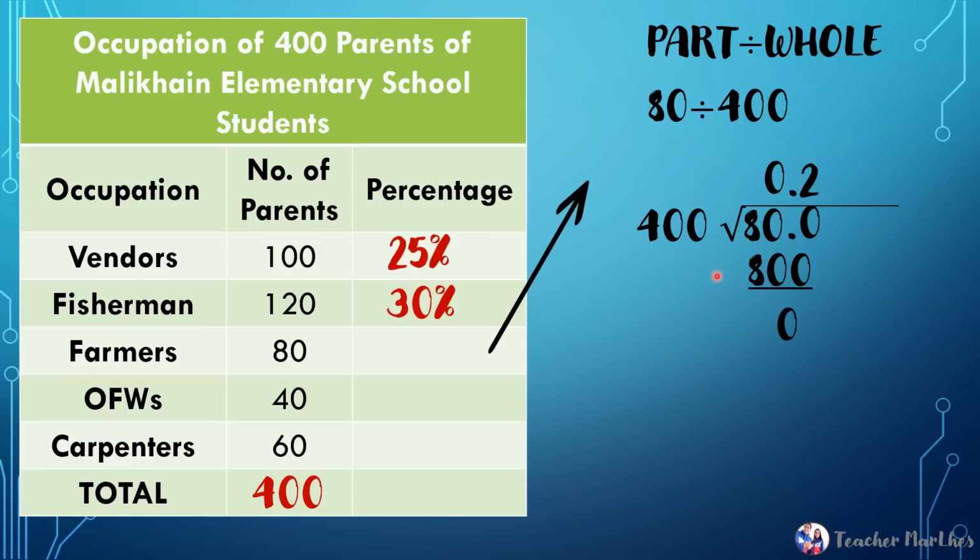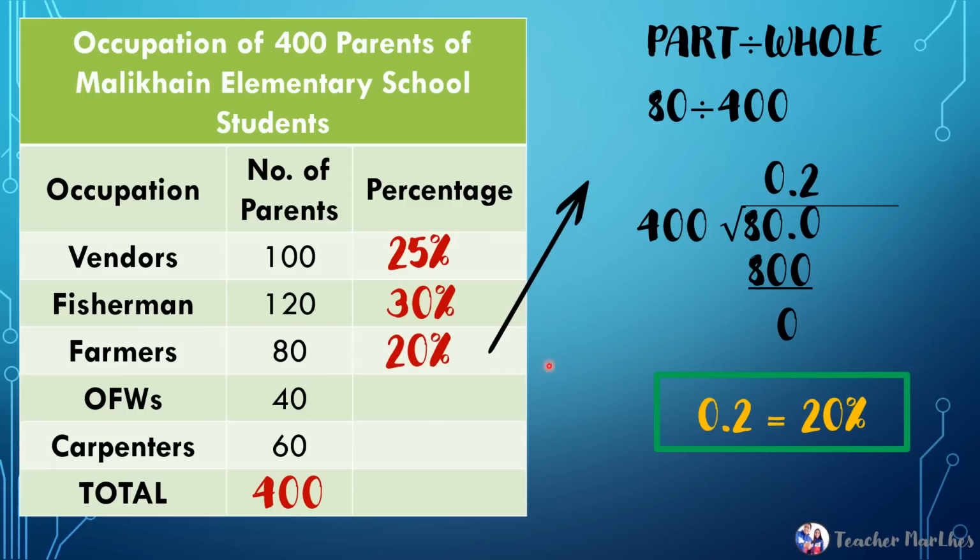So the quotient is 0.2. We need to convert 0.2 to percent. We just move twice to the right, or times 100. The shortcut is to move two places to the right. 1, 2. There is a vacant space again, so we put a 0. From 0.2, it becomes 20%. So the percentage of farmers is 20%.